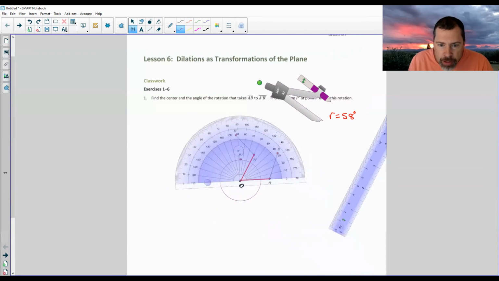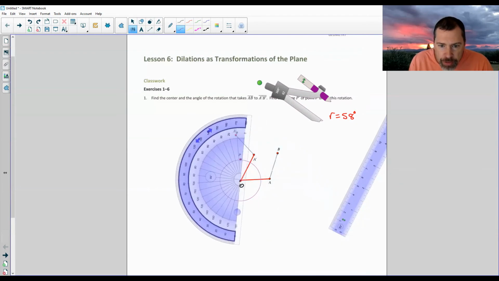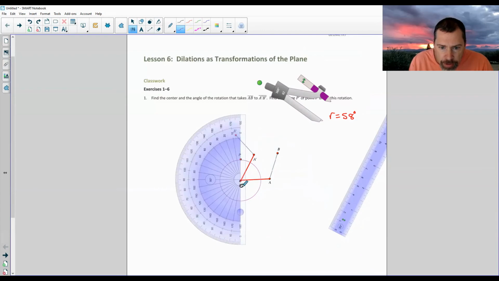So if I bring my protractor over to 0, rotate it so that P is on that line, make sure my protractor is right at O. My crosshairs have to be right on O, and this 0 line is going through P. 58 degrees is right here, right there.